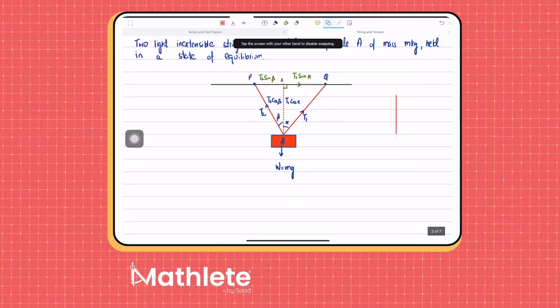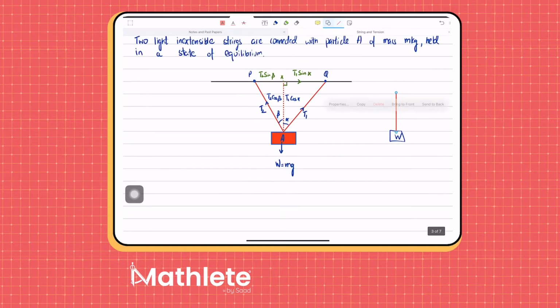First of all, this weight must be acting downwards. Now this weight is attached to a string, and there must be some tension in the string. What do we know about tension? We know that tension always acts away from the object.